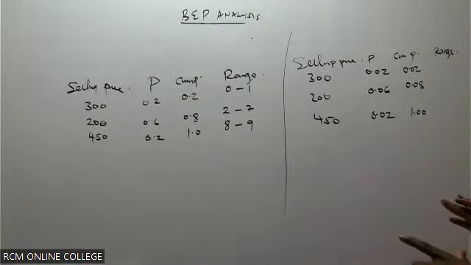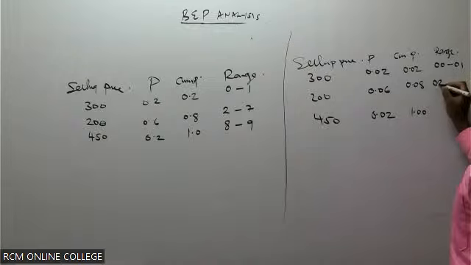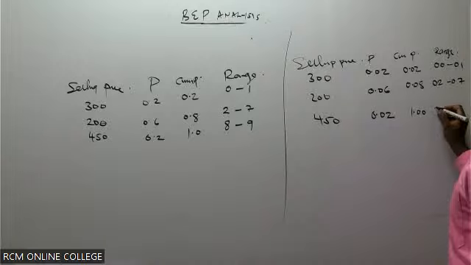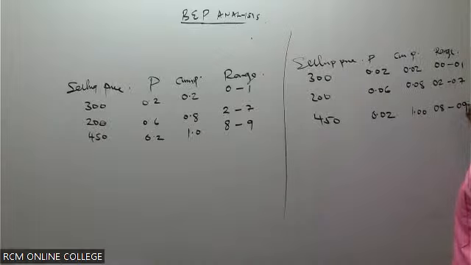The same items actually, here I'm going to have 0.0 to 0.1, 0.2 to 0.7, 0.8 to 0.9.